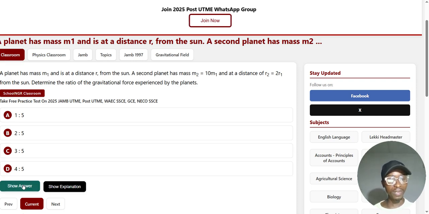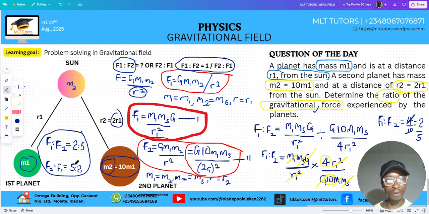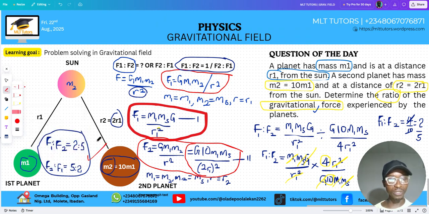Okay, let's check the answer. Show answer. All right, so we can see here that the correct answer is option B, which is actually 2/5. And let's check, is that what we get? All right, that was our answer, and question easily done.